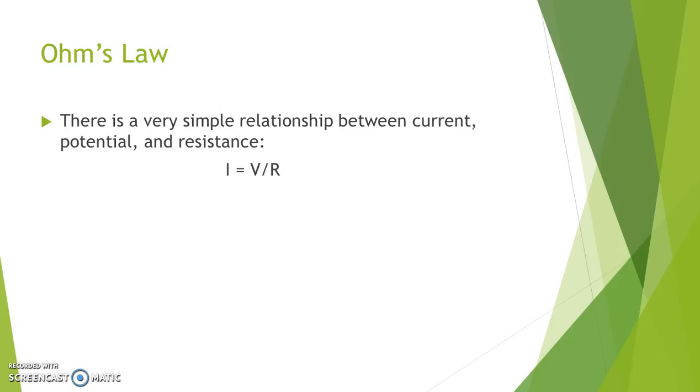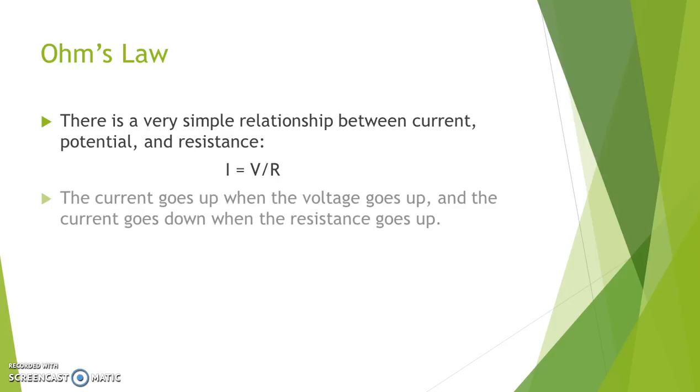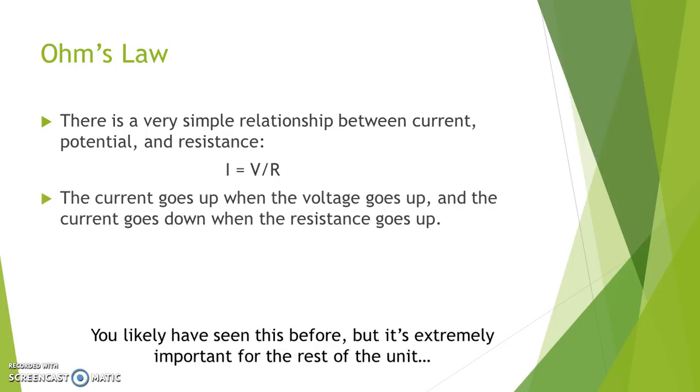And so our relationship can be roughly predicted by that relationship, I equals V over R, I representing current. Okay, and this is all a review, of course, from science class, but it's so important to this unit that it's useful that we go through this in a little bit of detail.